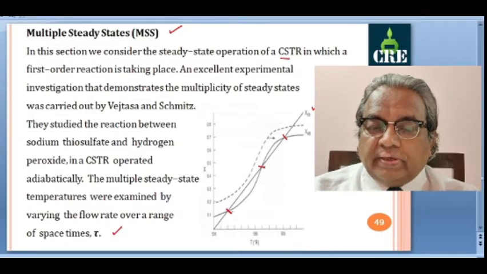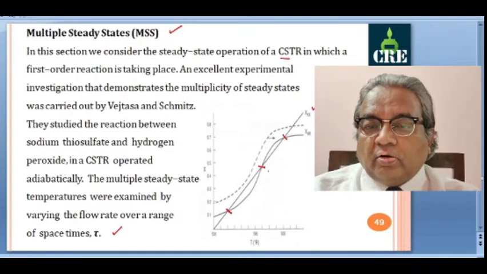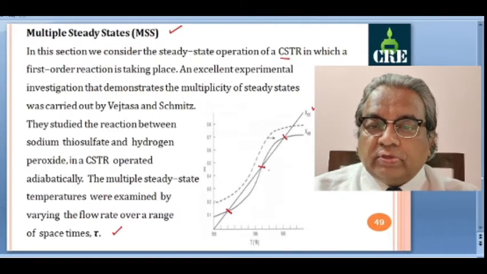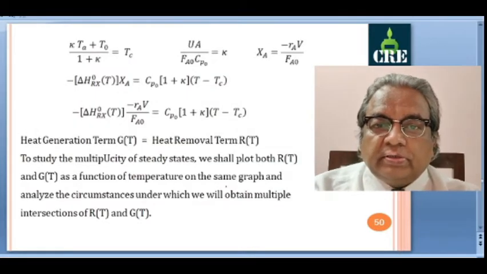So here we have a state where we don't have just one steady state but 3 steady states at which we can operate the reactor. So we have a choice here. We'll try to understand the concept of multiple steady states.